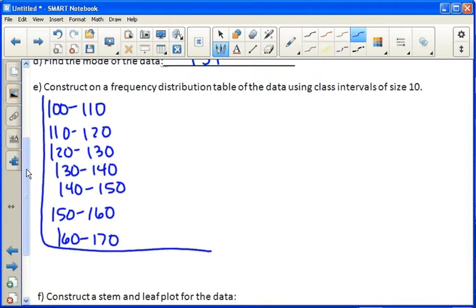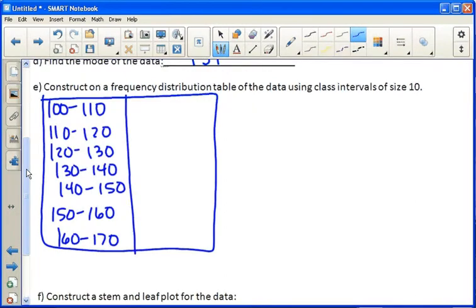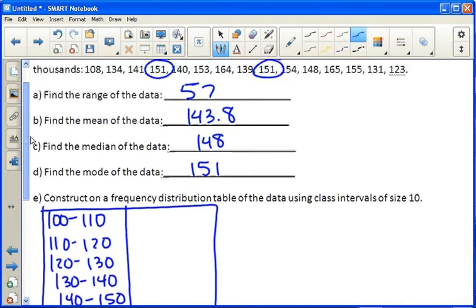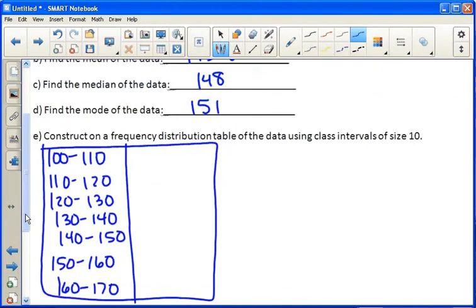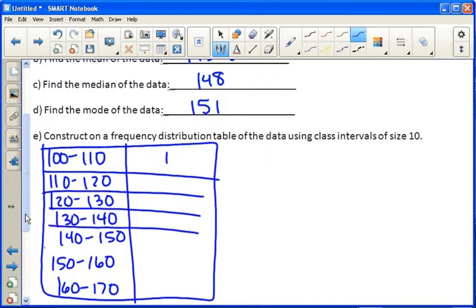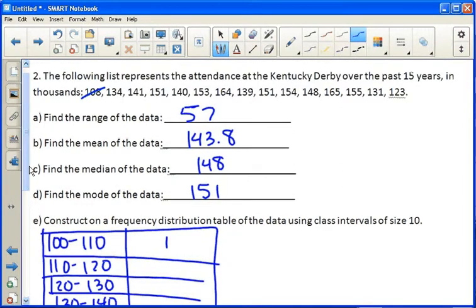We need to mark how many of each there are. Alright, let's do 100 to 110. I see 108, that's 1. That's it. Okay, next up will be 110 to 120. I don't see any in that range, so we'll put a 0 there.